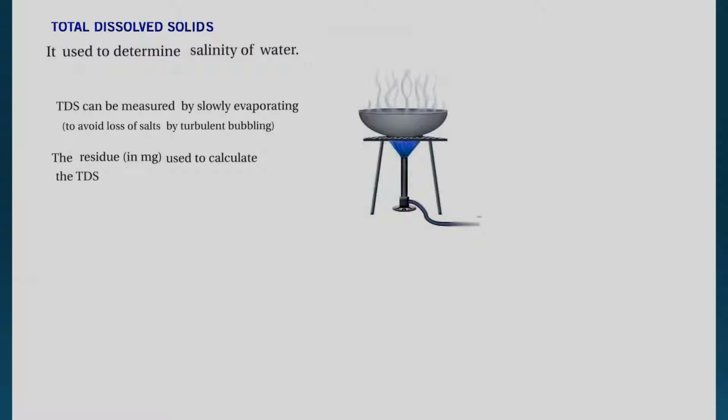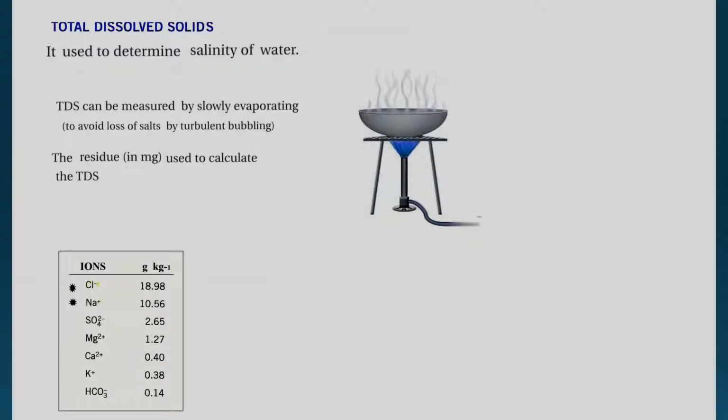The residual will always be very little, so you measure not in grams but in milligrams, 1,000 times smaller, to measure this total dissolved solid. NaCl makes up about 99% of all the ions. So using this method, you can measure the major type of ion, NaCl.